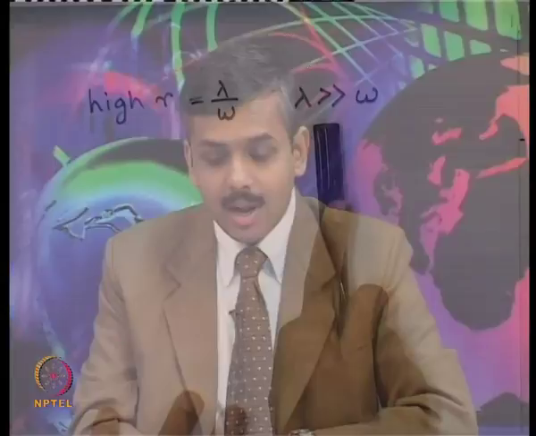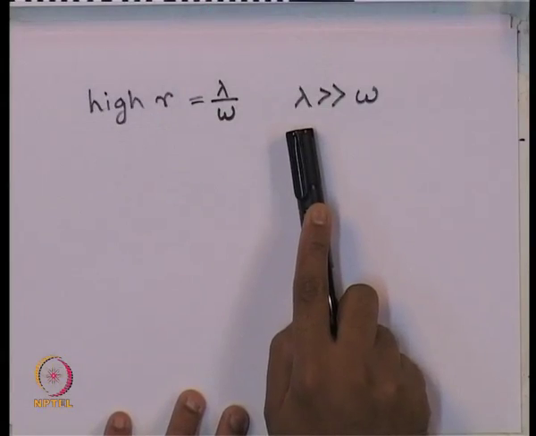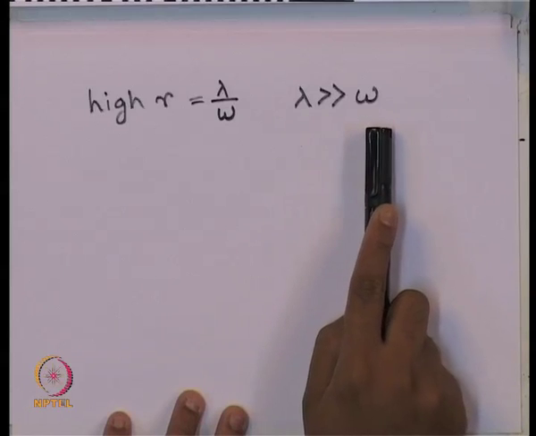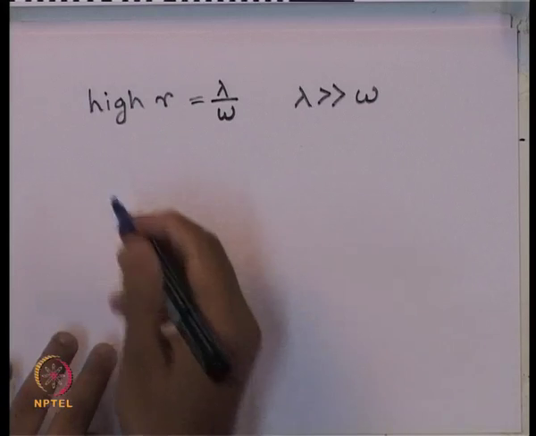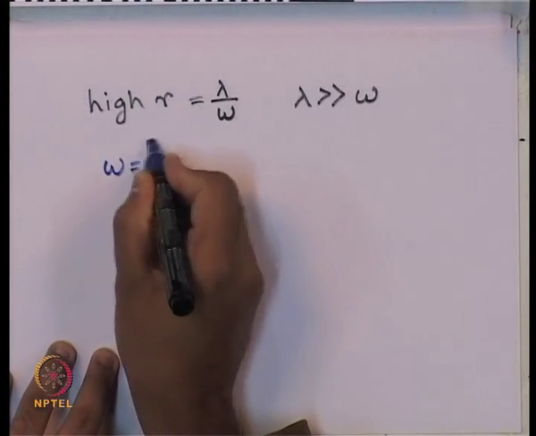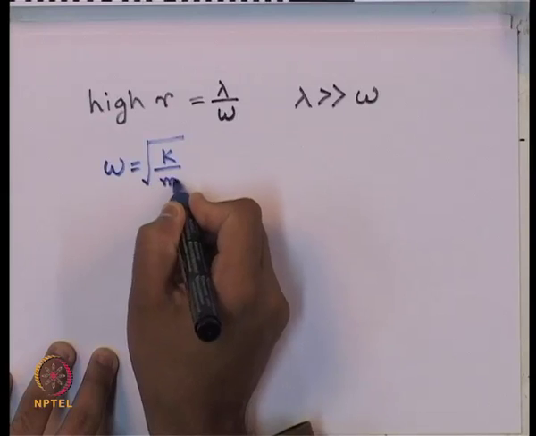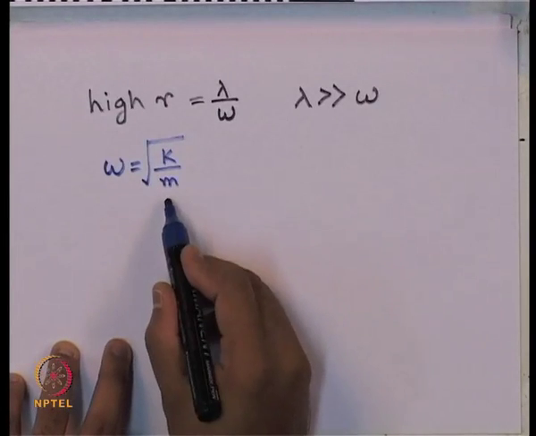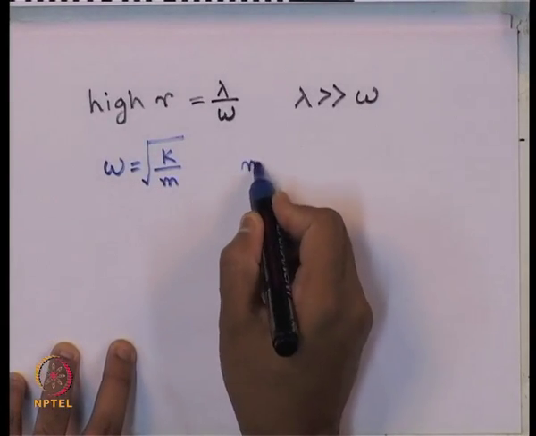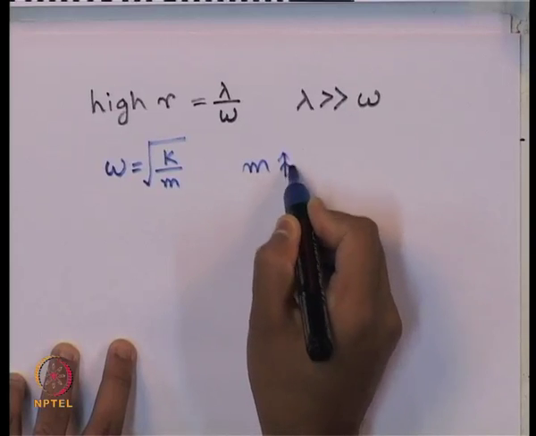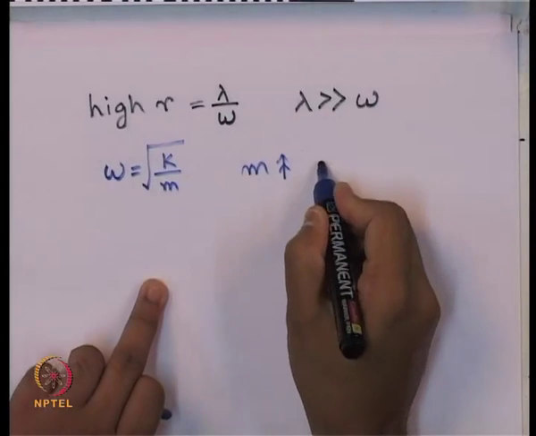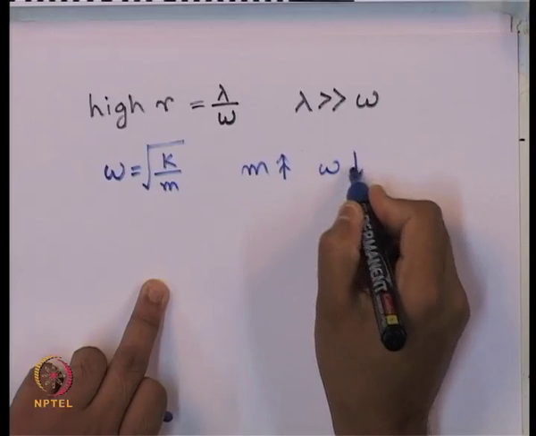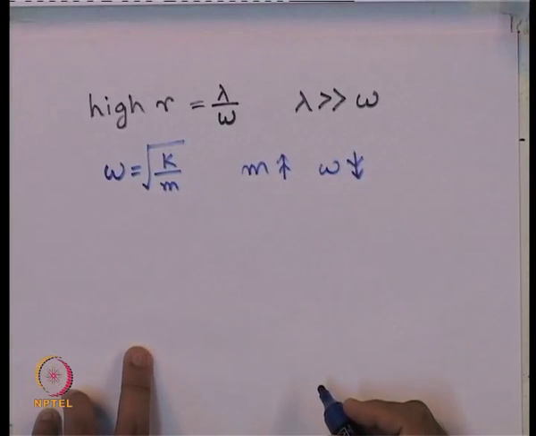So, if we want to make lambda very high compared to the natural frequency of the system, what should we do? See, natural frequency is again root over k by m. If we increase the mass of the system, the mass of the foundation, very high, automatically our natural frequency will decrease.